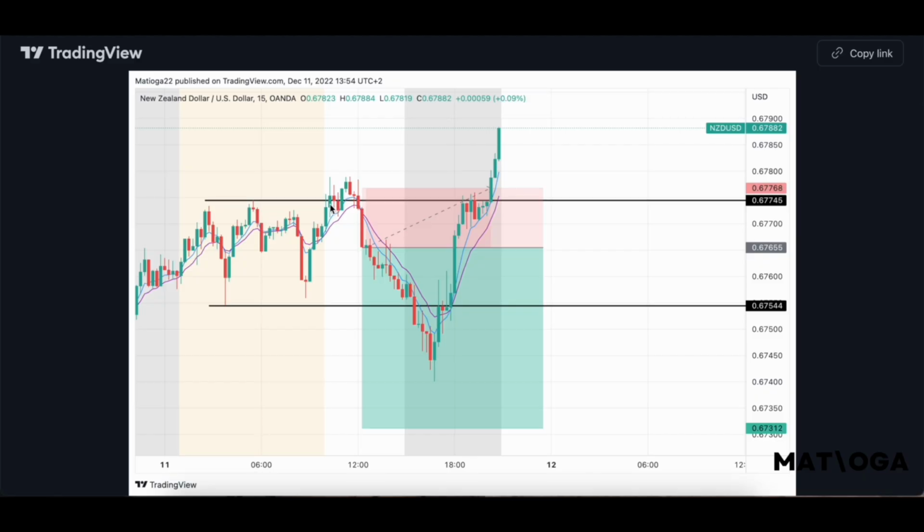Then we had some mess, kind of continuation, but I wouldn't classify this as a confirmed breakout because, as you can see, it's just less than a pip maybe above the session high. So I would prefer this to be a break than a retest or continuation.